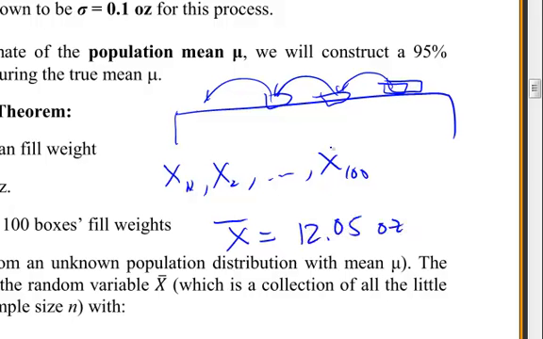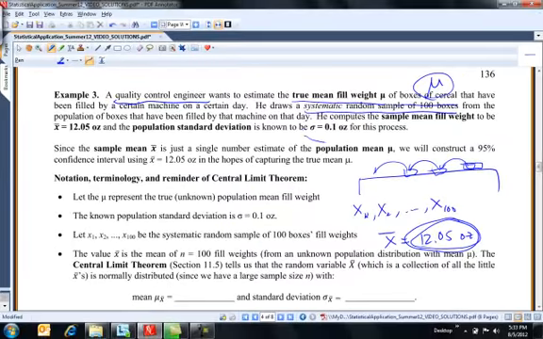I'm trying to build a confidence interval to contain the true mean mu: if we took every single cereal box and found their average, what would it be? Again, this is just an estimate from my sample of 100 that day. This is the sample mean fill weight, and let's say I've been making boxes of cereal for a long time, so I know the standard deviation for this population is 0.1.